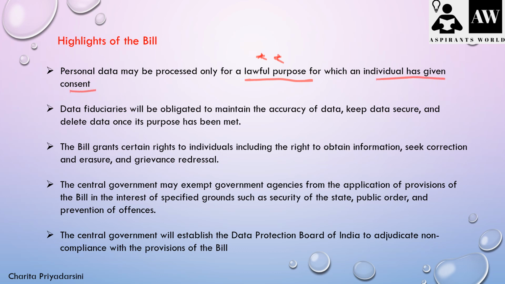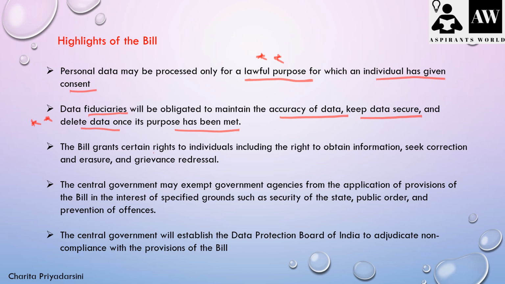The data fiduciaries will be obligated to maintain the accuracy of data, keep data secure, and delete the data once its purpose has been met. So this is the action the data fiduciaries have to take for the protection of the data.